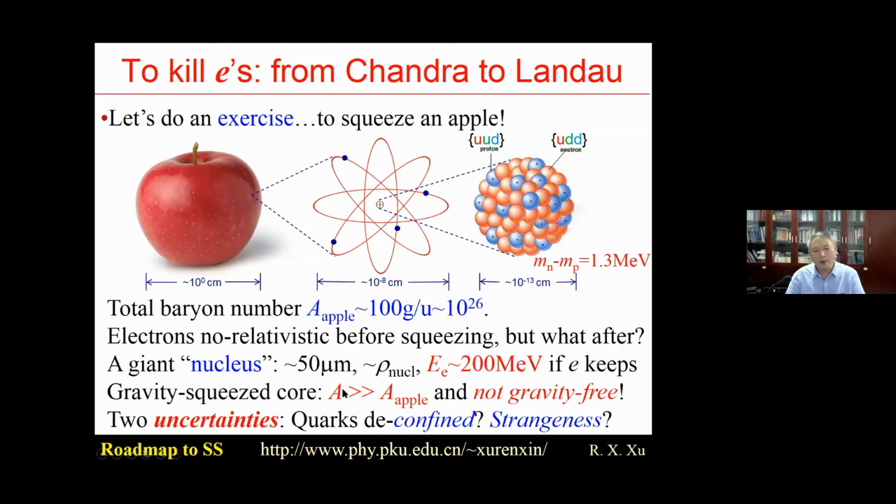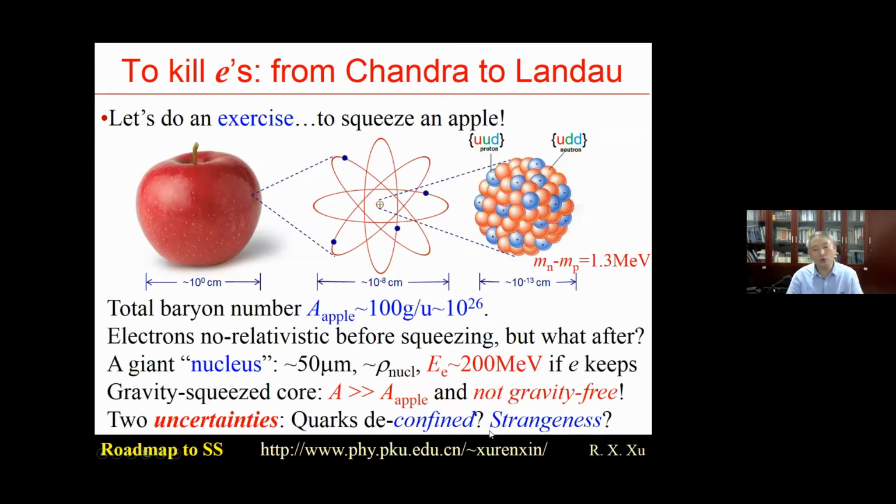So for core-collapse supernova remnants, two uncertainties were popularly discussed in the literature: whether quarks are confined or deconfined, and whether strangeness is significant.